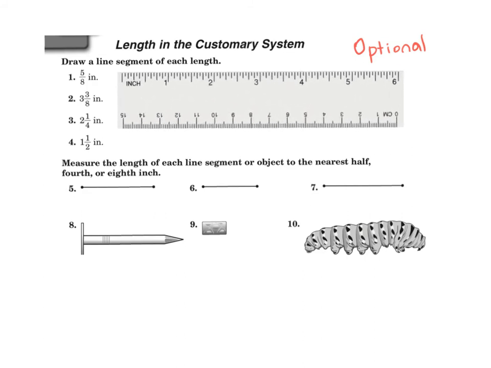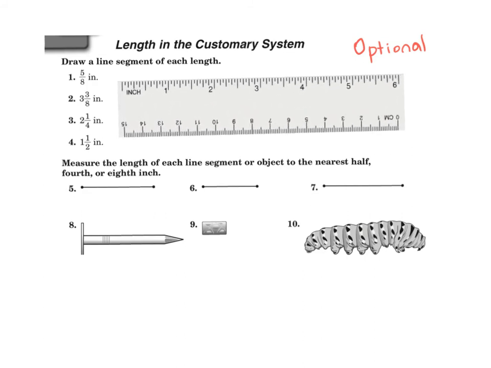So if you happen to have a ruler and you're drawing, remember all of our little inches marks here are broken into eighths. Remember how we talked about this whole thing is 1 inch, and then we have our half here. And then our half is broken down into our fourths.